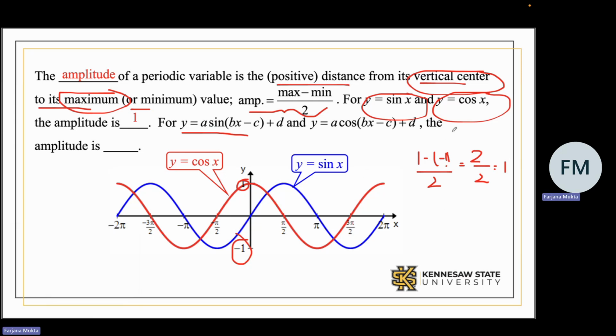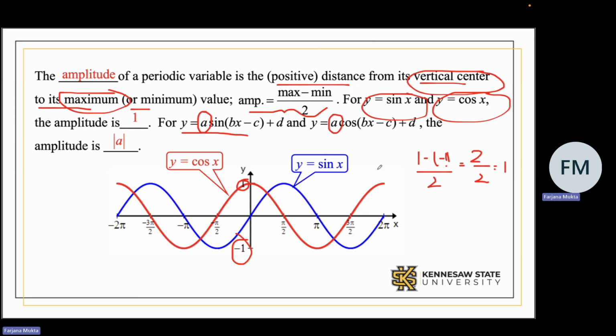By that, the amplitude for these transformed functions will be the absolute value of a, the constant we are multiplying from the outside. We consider the absolute value because we don't want to consider the negative, if there is any, because the negative corresponds to the reflection.